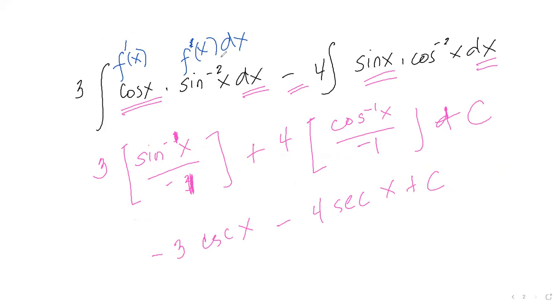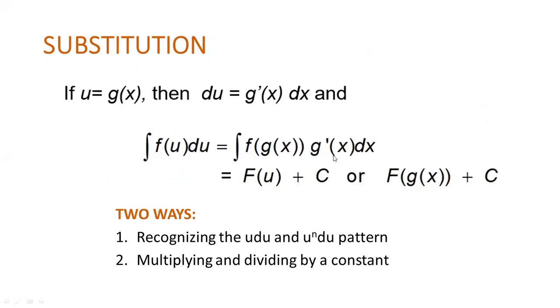So in that sense, you can use the power rule. In this case, the same thing. This is your f of x, and this is your f prime of x, and this is the dx in here. F of x with f prime of x dx can lead you to using the power rule, which is actually the method of substitution. The one that was shown to you in the slide is just g of x.